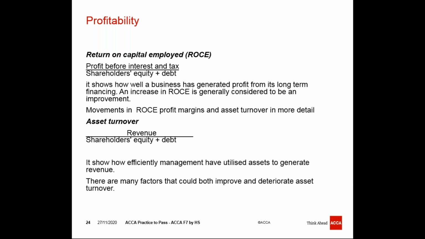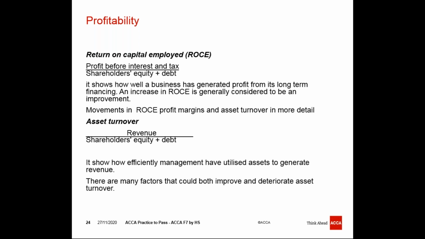So the examiner wants you to explain what the reason is for the increase in the ratio. If there is an increase in ROC, one possible answer is that there is an increase in profitability over the period, or there is a decrease in the capital employed over the period.